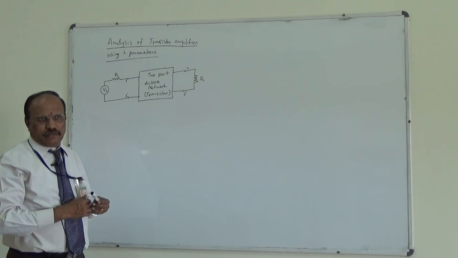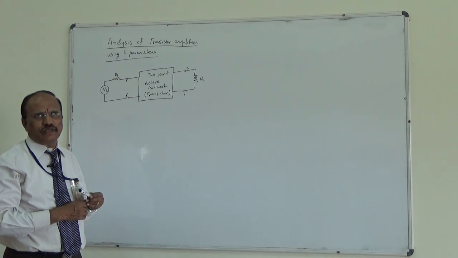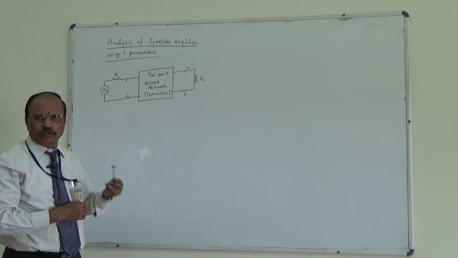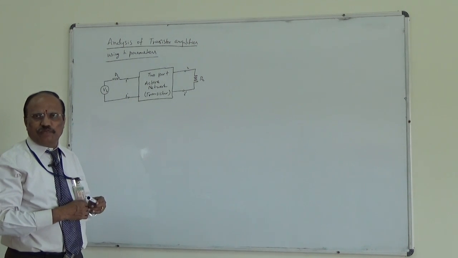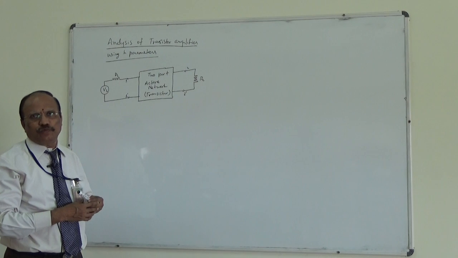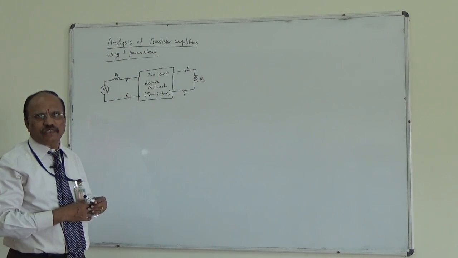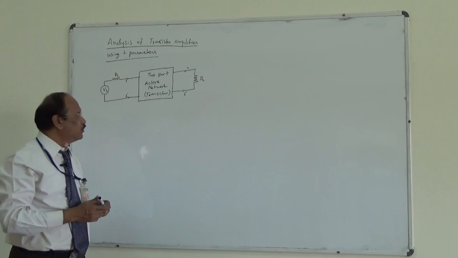Suppose we want to consider an audio system: we want to convert our sound signal to an electric signal, we will use a microphone, then that has to be amplified, then at the end it has to be converted to a sound signal by a loudspeaker. So there we can say the loudspeaker is the load. So this is only symbolically represented as RL.